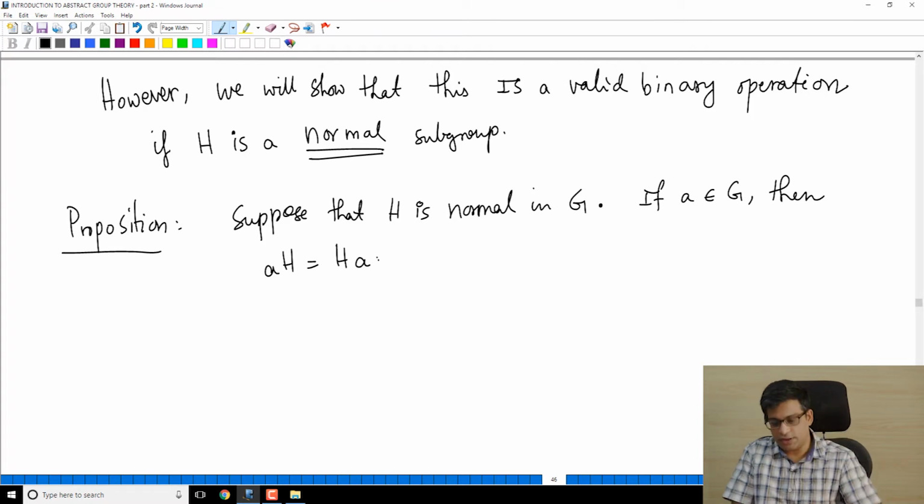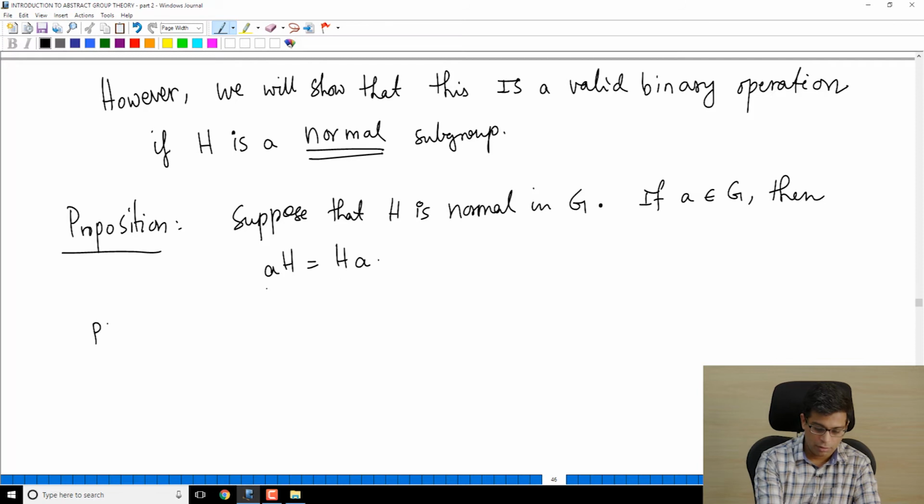So if H is normal in G, aH equals Ha. In other words, the left coset aH is equal to the right coset Ha. Let's prove this. Okay, this is not difficult.